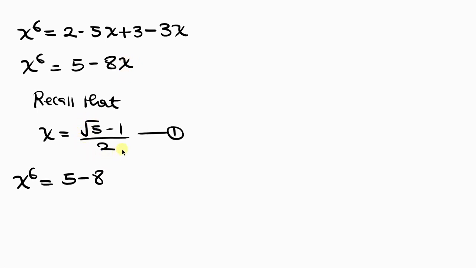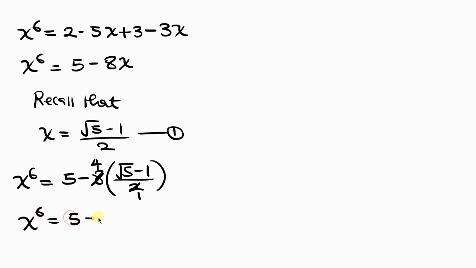And our x will be replaced by this expression, which is the square root of 5 minus 1 all over 2. 2 here, 1. 2 divided by 8 gives 4. So this becomes x to the 6 equal to 5 minus 4 times the square root of 5 minus 1. Our next step will be for us to open up the brackets so that we have x to the 6 to be equal to 5.